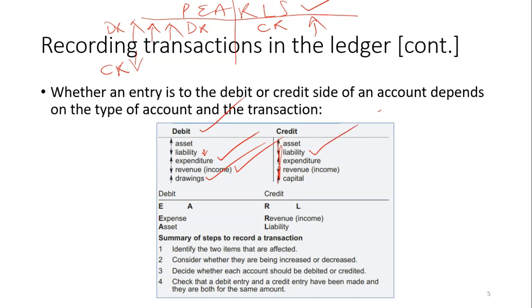When you want to reduce assets, we credit them. When you want to increase expenditure, it is being debited, but when we want to reduce it, you credit it. This is the purpose of crediting: reducing expenditure, increasing revenue, increasing capital.